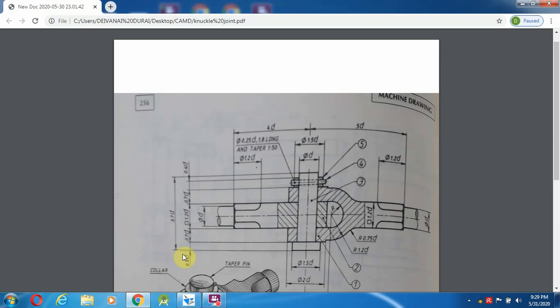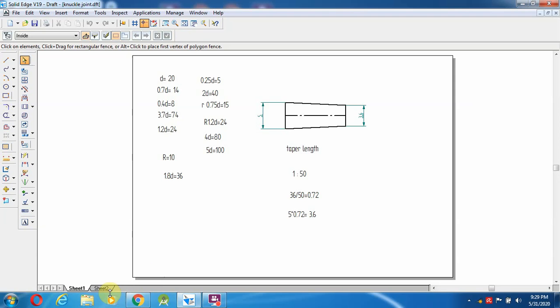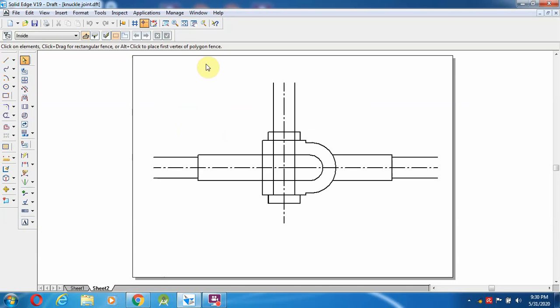So the total distance is 74 mm. I am going to create a line from here, 74 mm. Once again I check, this is 74 mm.